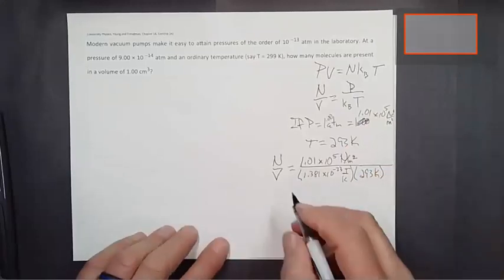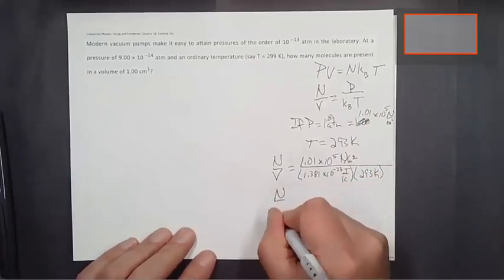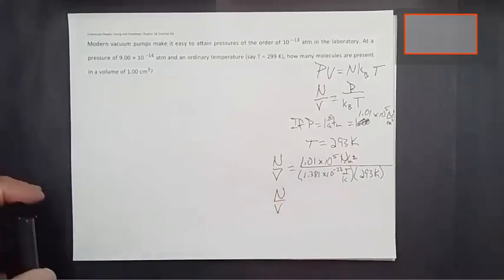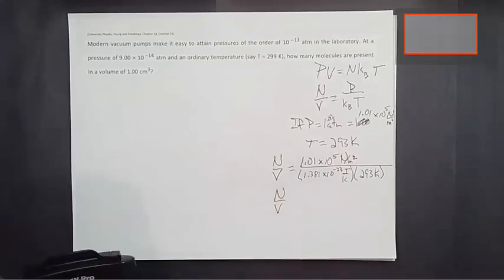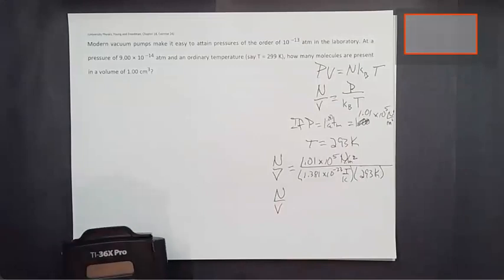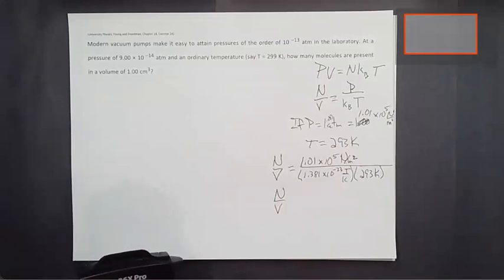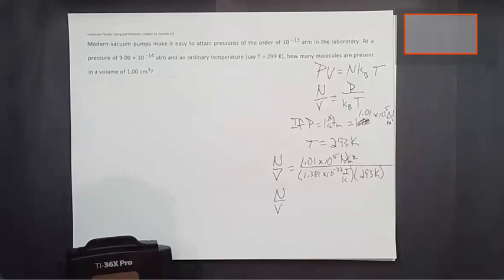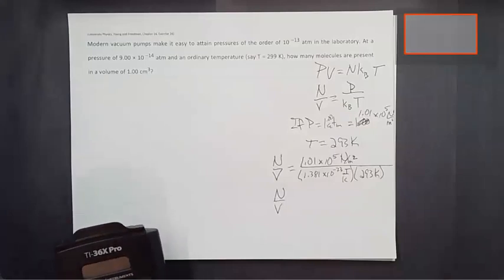So we can find out what we've got, the number of particles per unit volume. I think it's going to be a lot. 1.01 times 10 to the 5th divided by those other two things.